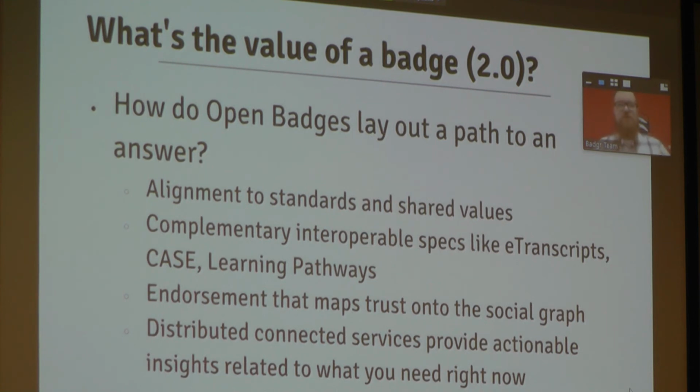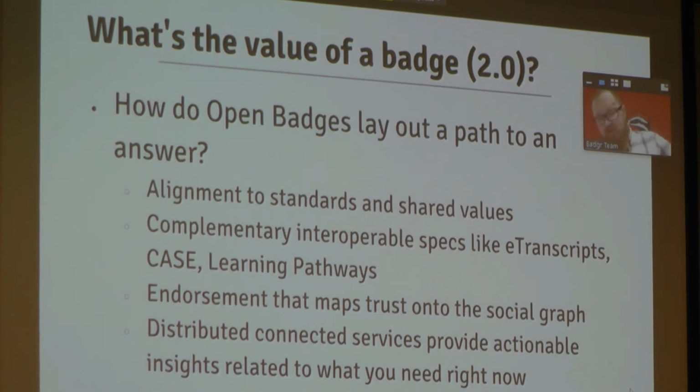Now, here's their transcript of badges along the timeline and how those badges align to specific competencies that an institution cared about. And so the idea is to be able to deliver documents that have relationships between badges built in, and those can become some of the trust inputs into answering these questions about what's the value of a badge 2.0. And then, as I mentioned, endorsement that maps trust onto the social graph.